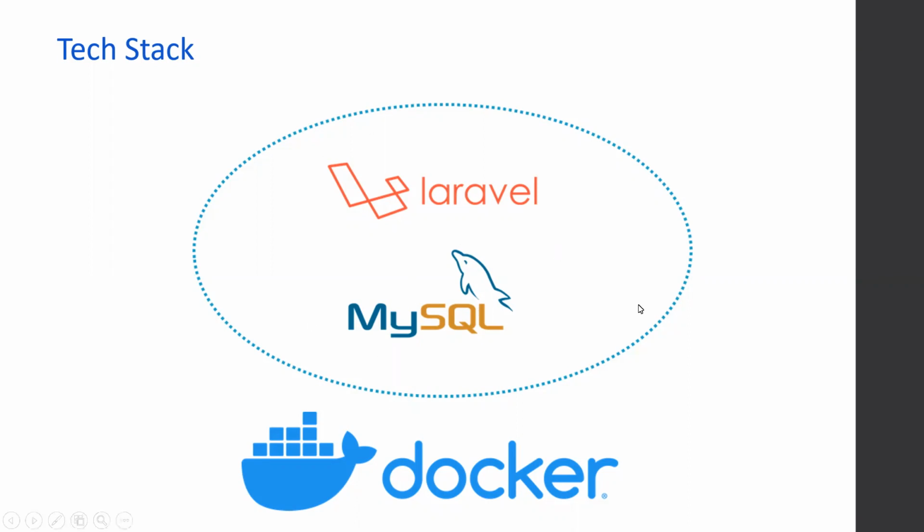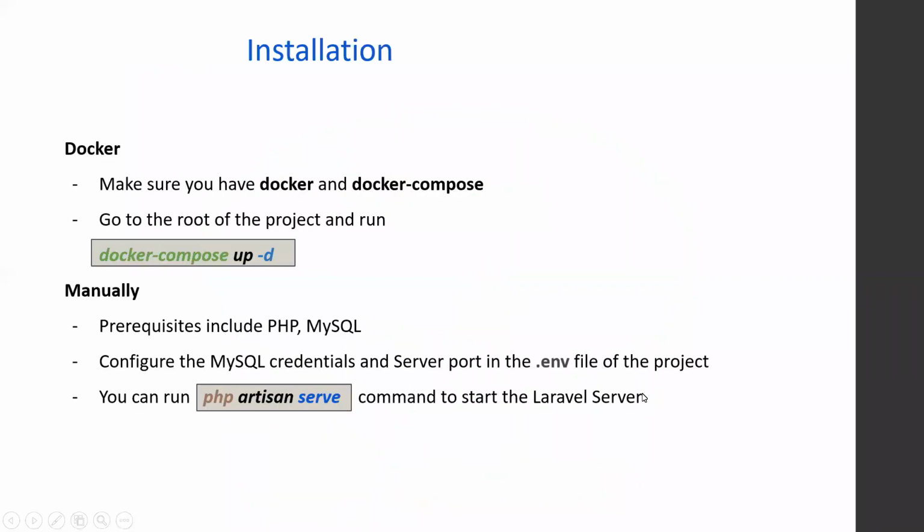We have also Dockerized this whole process, so you don't really have to set this up manually, like setting up a separate MySQL service and then taking a Laravel server into account and connecting them both. You can just run a single Docker Compose Up command and you are ready to go. Installation, like I said, has a Docker way and a manual way.